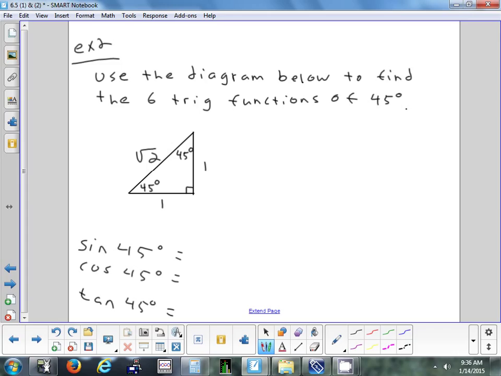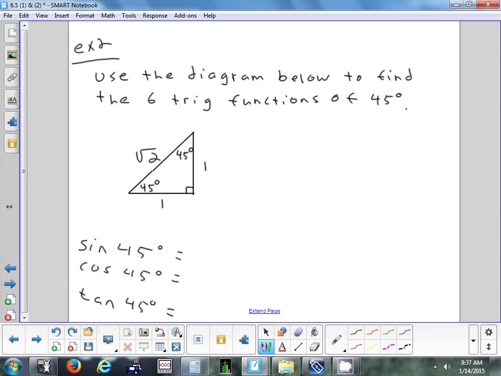It's a 45, 45, 90, or half a square. If you put two of them together, you would get a square. So what kind of triangle does it have to be if you can put two of them together like that and get a square?